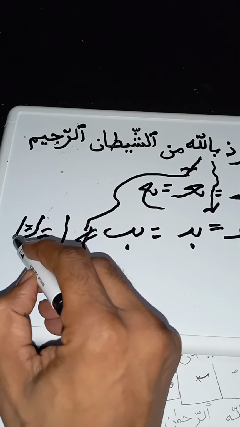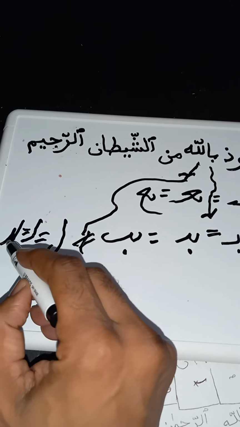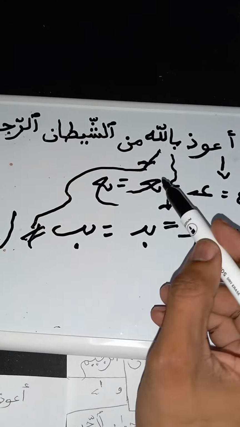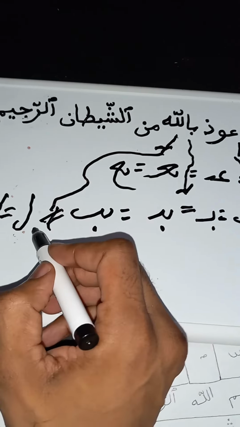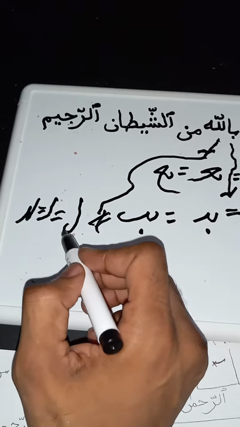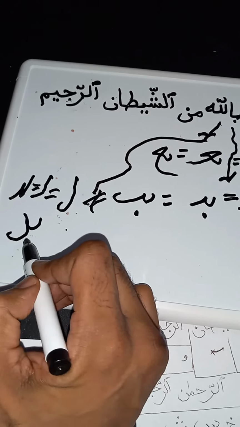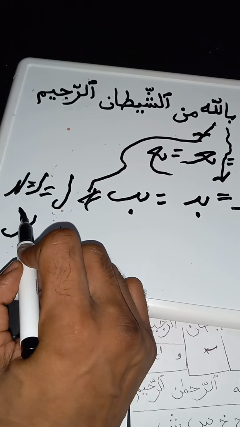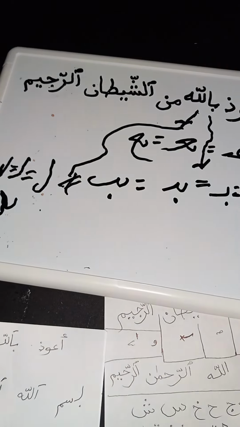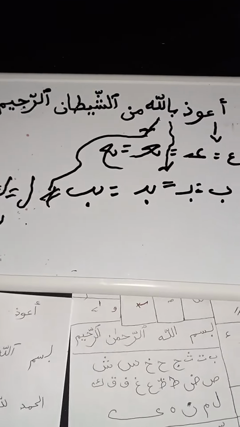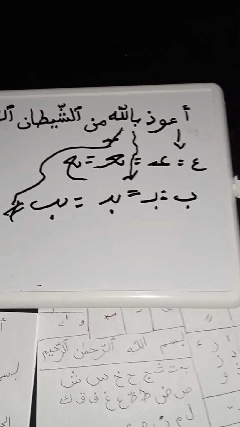In the middle, it looks like that, just like we have it here. That's what Lam looks like in the middle. At the end, compared to Alif, Lam would look like this at the end of the word. People tend to confuse Lam and Alif a lot, and this brings a lot of confusion because we don't know our letters, how they look.